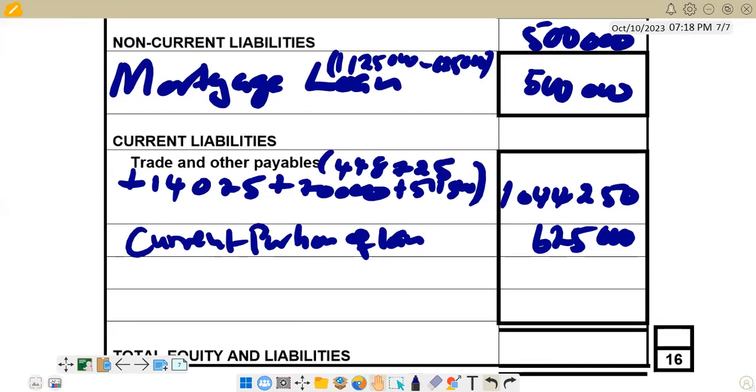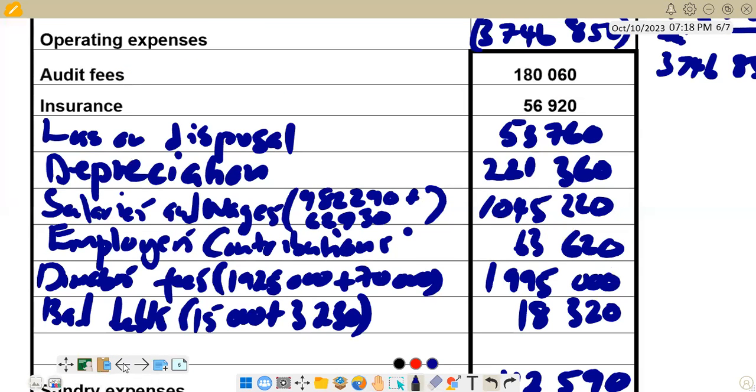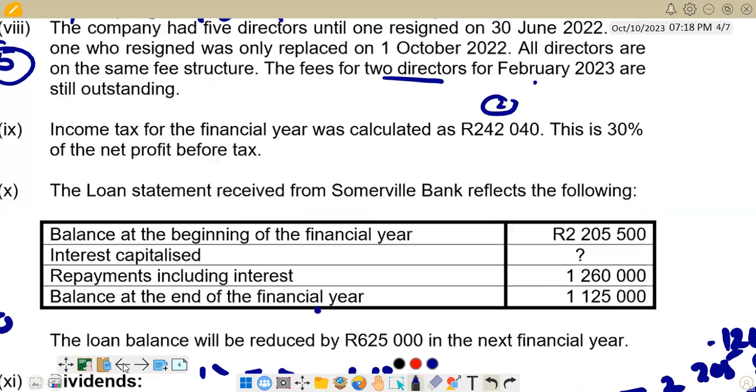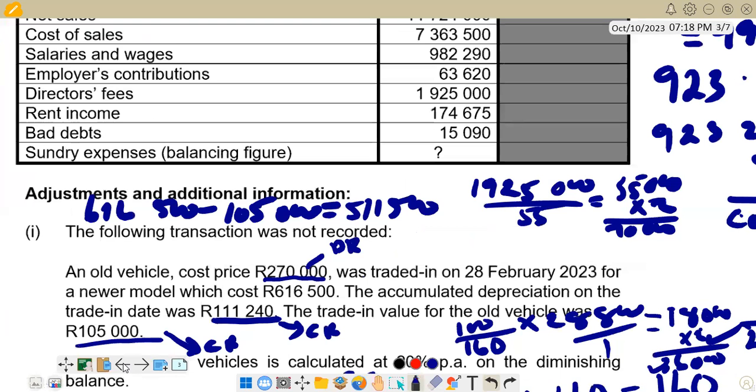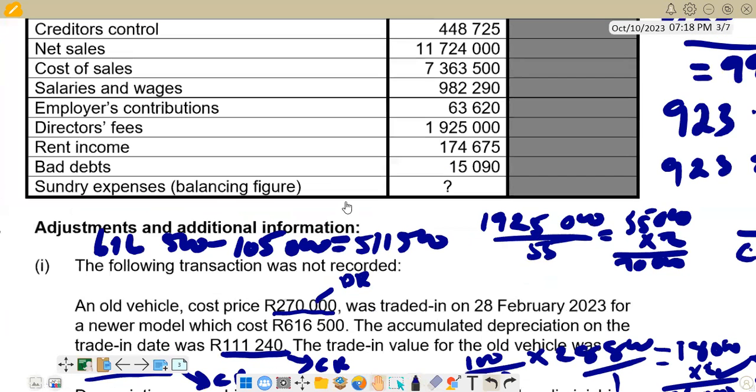Then let's go to the issue of tax. On the tax side, it might be a prepayment or an accrual of tax. To find out whether it's a prepayment or accrual, we go to the provisional payment of tax that was made during the year.